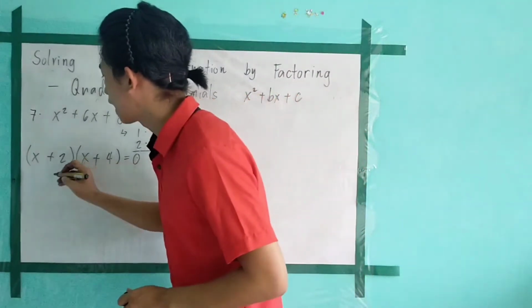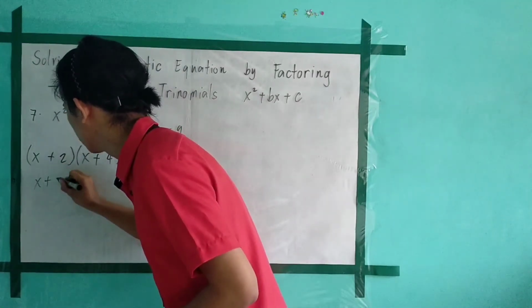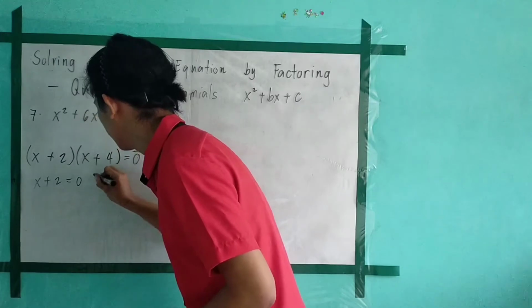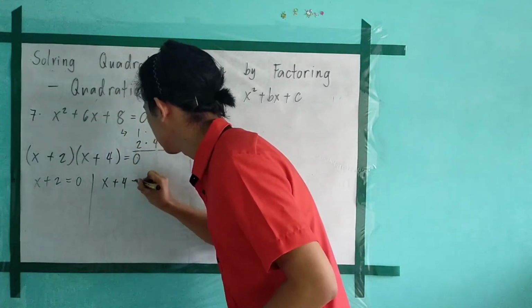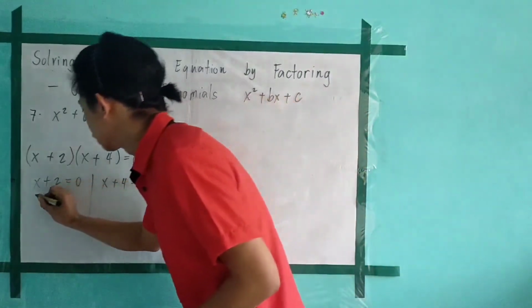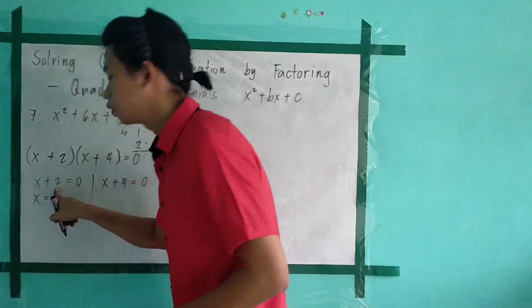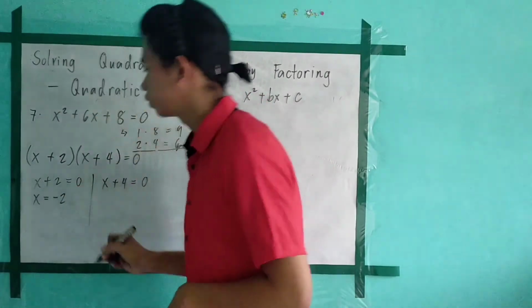Next, equate natin siya ng 0. So, we have x plus 2 is equal to 0. And the other one, we have x plus 4 is equal to 0. So, x is equal to, yung 2, i-transpose natin, magiging negative 2.